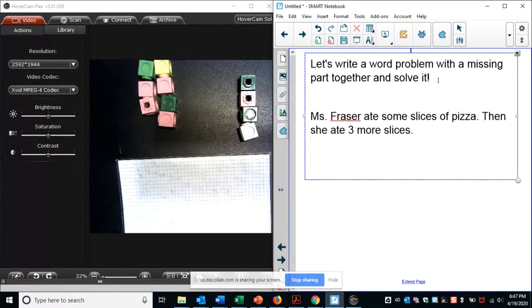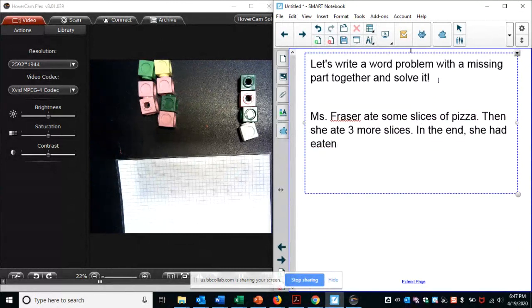This must be over a couple days. She probably didn't eat that many else. Miss Fraser ate some slices of pizza. Then she ate 3 more slices. In the end, she had eaten 8 slices of pizza.